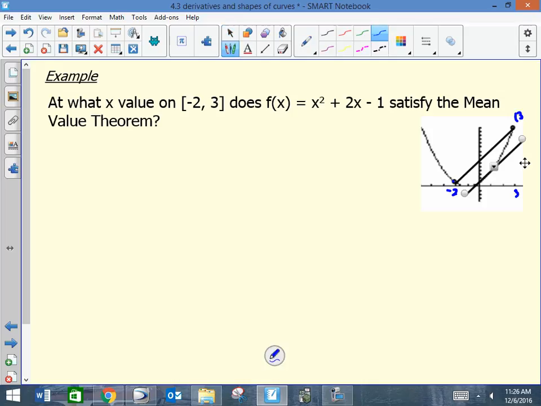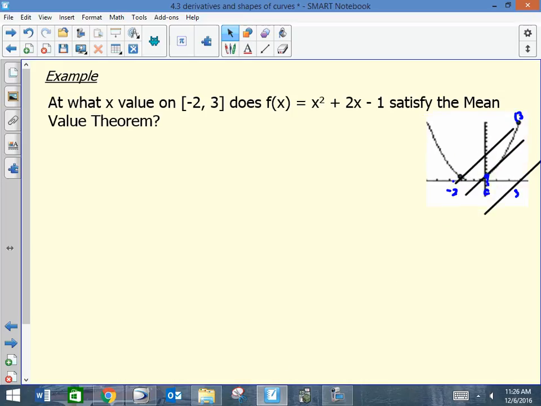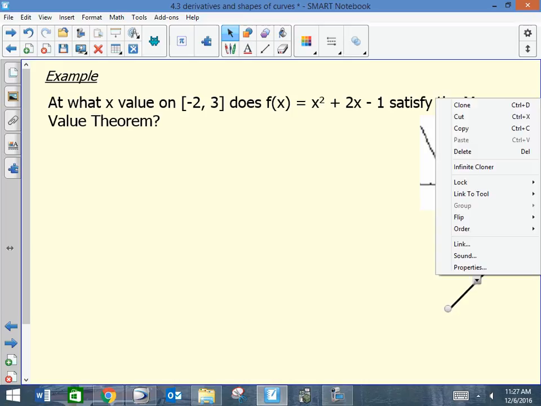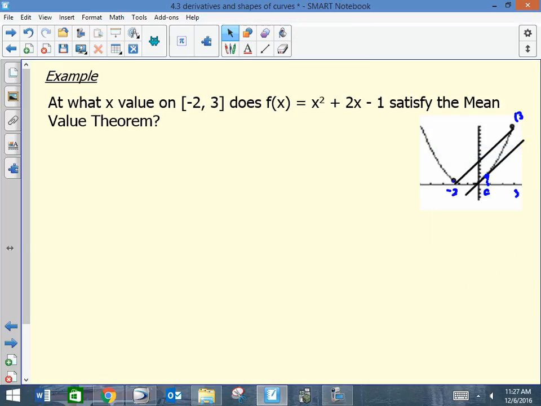We're going to do this analytically, but it looks like my C value might be about right here. How do you determine where your C value is? We're going to find it using our calculator, but the C value looks like it is right here, and that's the point where it's going to be tangent to this line.